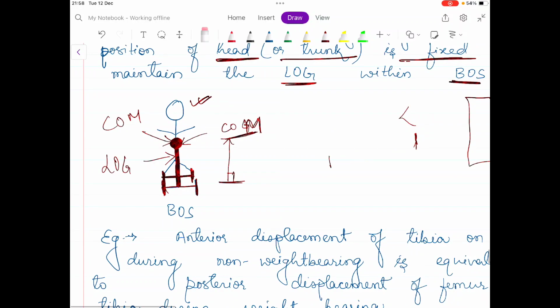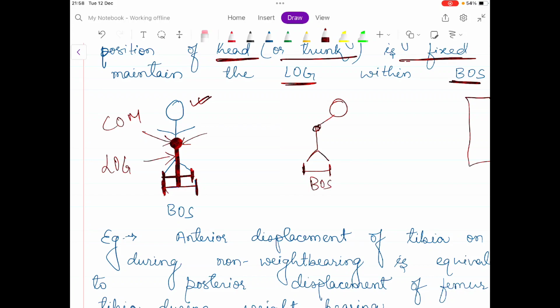Let's say that the head is not fixed. So let's say that the patient is bending forward. So when the patient bends forward, what will happen? The center of gravity will lie outside the base of support.